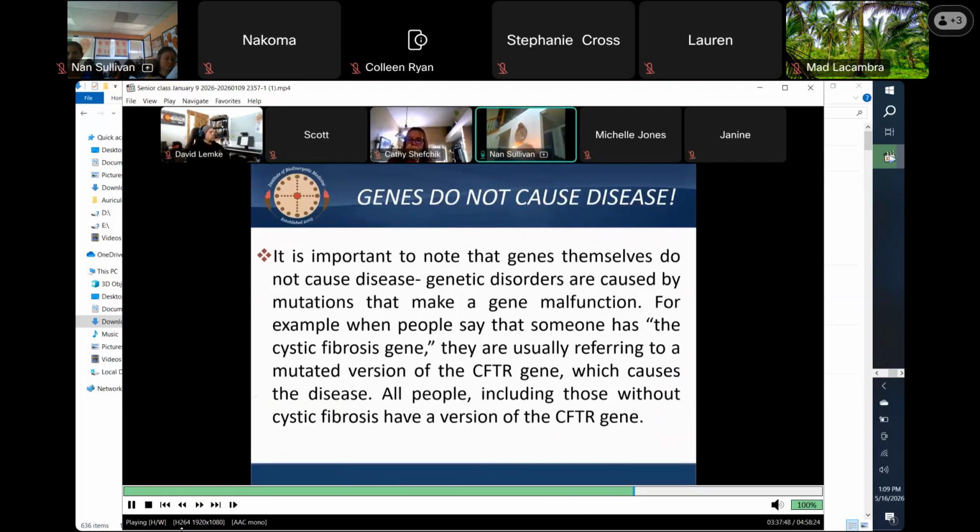For example, when people say that someone has the cystic fibrosis gene, they're usually referring to a mutated version of the CFTR gene, which causes the disease. All people, including those without cystic fibrosis, have a version of the CFTR gene.